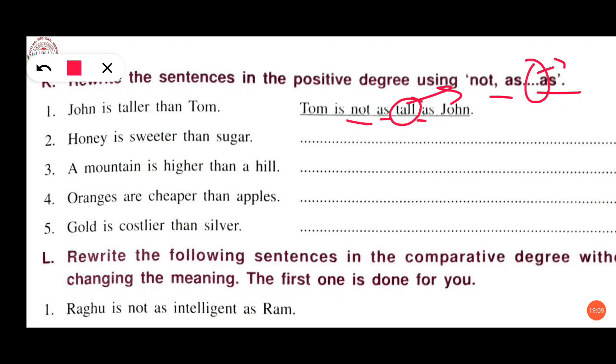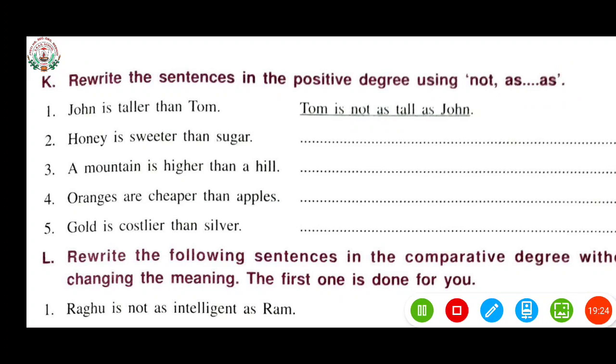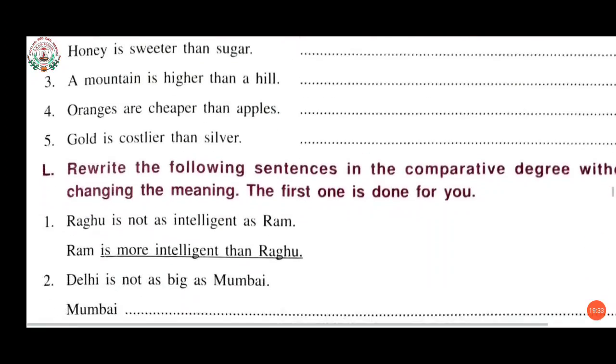So Tom is not as tall as John. Second one, honey is sweeter than sugar. The sentence will become: sugar is not as sweet as honey.